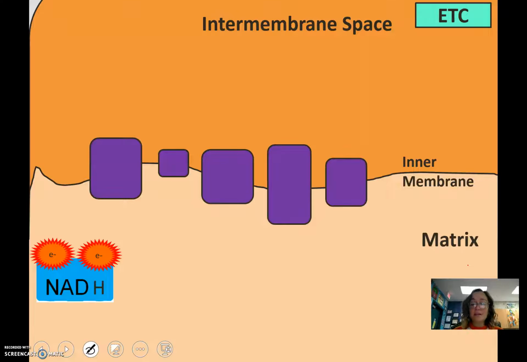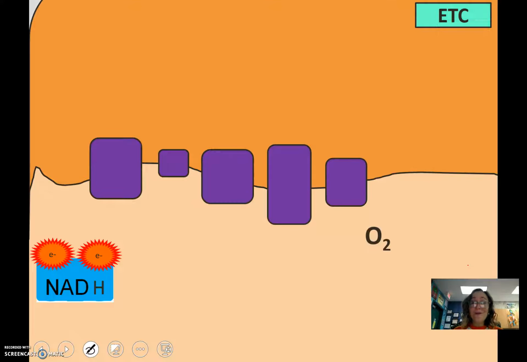So what we see here is, look at that oxygen. Oxygen is very electronegative. It attracts the electrons. And so in the mitochondria, in aerobic respiration, our use of oxygen is the final electron acceptor.